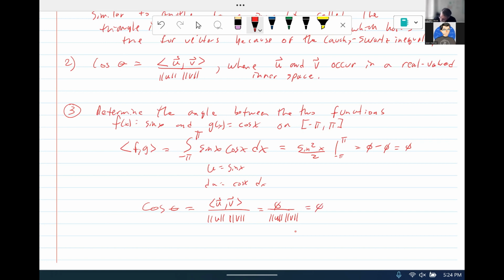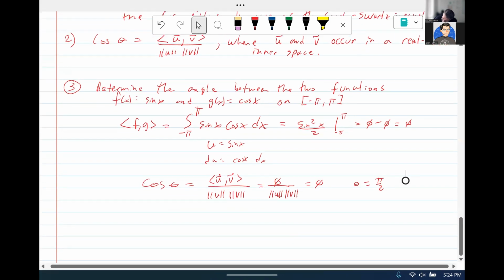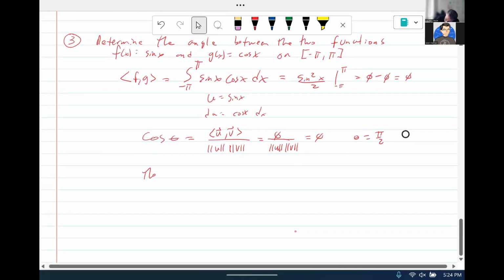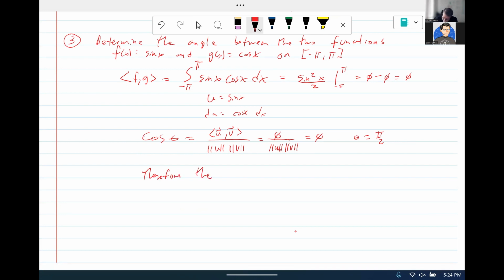And so the angle between them, theta, had to be pi over 2. Therefore, the functions cosine x and sine x are orthogonal between negative pi and pi.